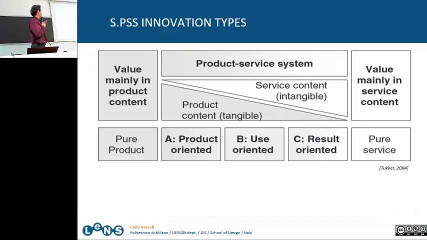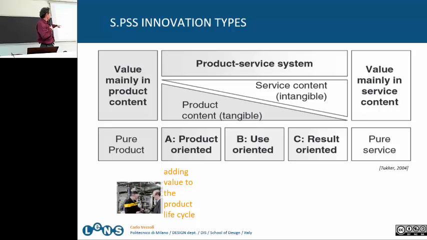To sum up, we have three types: product-oriented, use-oriented, and result-oriented. And this is a scheme that was made quite some time ago in Stanford, where we move from pure product to pure service. And actually, we can report here: product-oriented is adding value to the product life cycle.